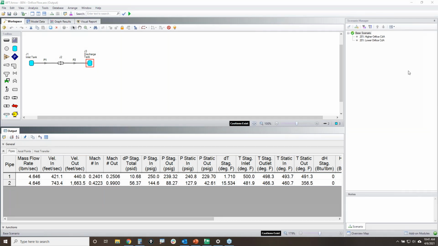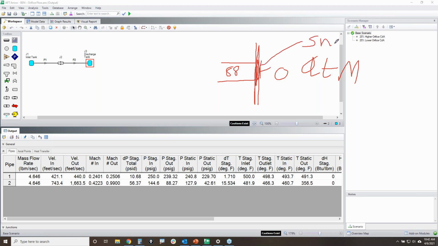You have a very, very thin interface between the outlet of the pipe and the atmosphere. And across this extremely small boundary, we're going from basically 88 psig to 0. And that is your pressure drop across the shock wave.